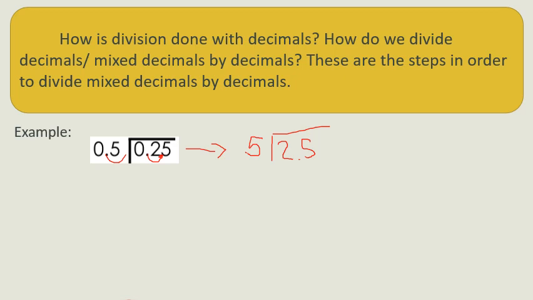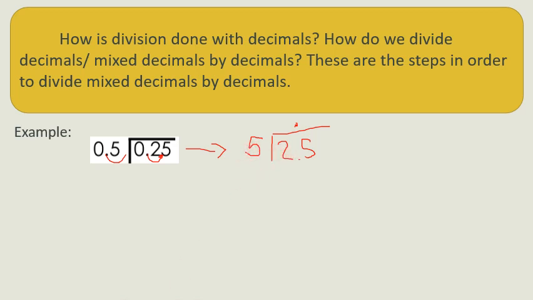So, paano tayo mag-divide dito? Okay? Ang una nating gawin is itapat natin yung decimal point. Kung nandito ang decimal point, doon din nakatapat dito sa ating quotient. Then, pwede ba tayong mag-divide dito sa 2, sa 5?